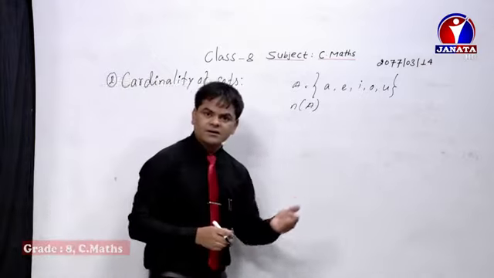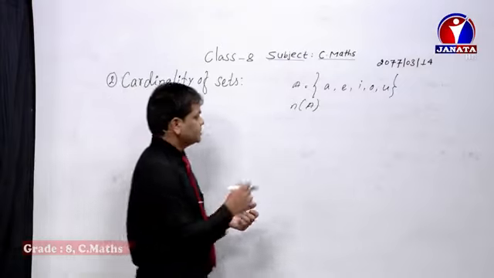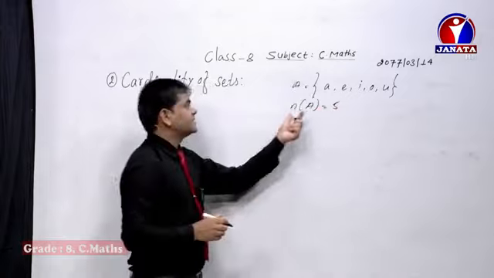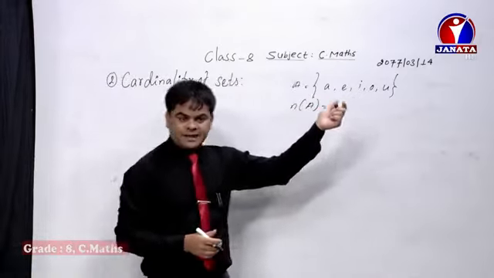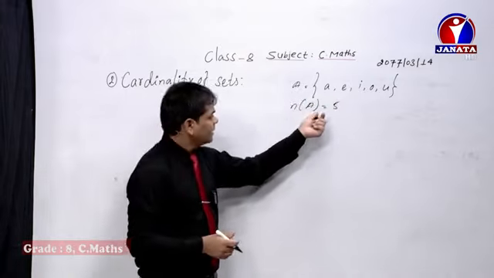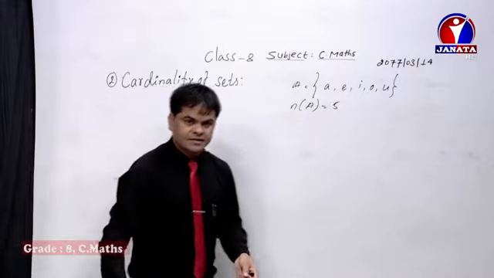Of course, these are the vowel sounds in the English alphabet. So if you count, there are 5. In this way, we deal with the cardinality of a set. Rather than writing the elements, if we write them by counting, as an actual number, that is known as the cardinality of a set.